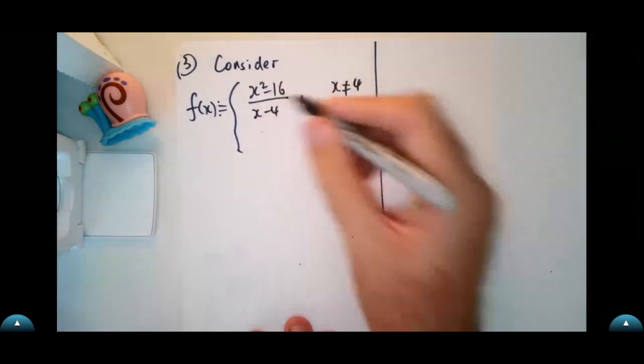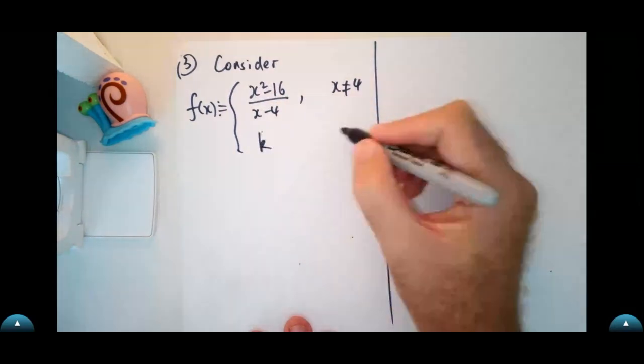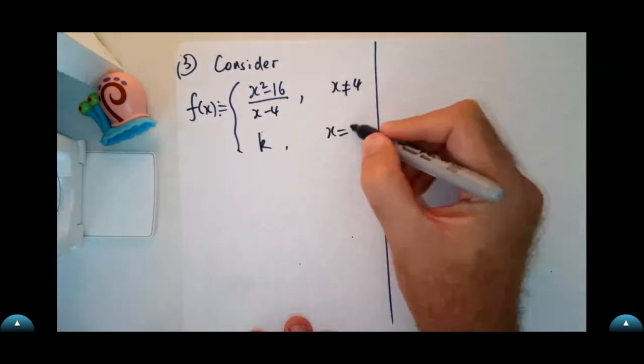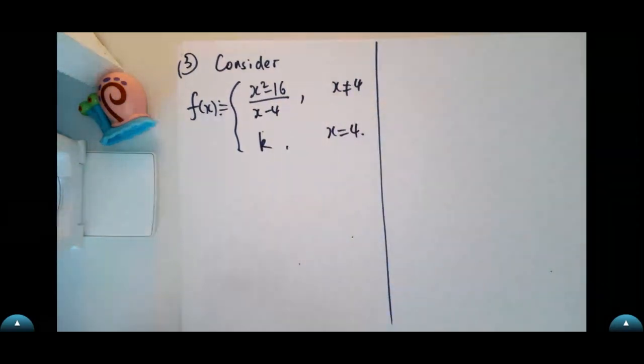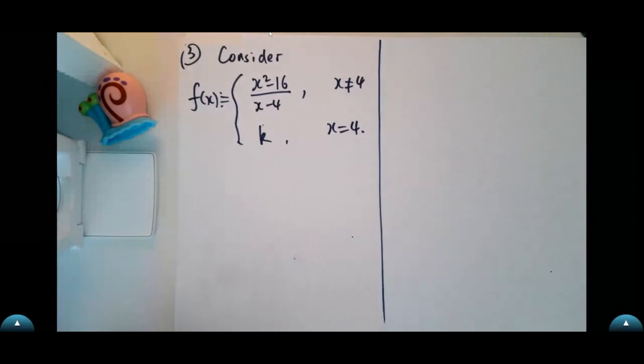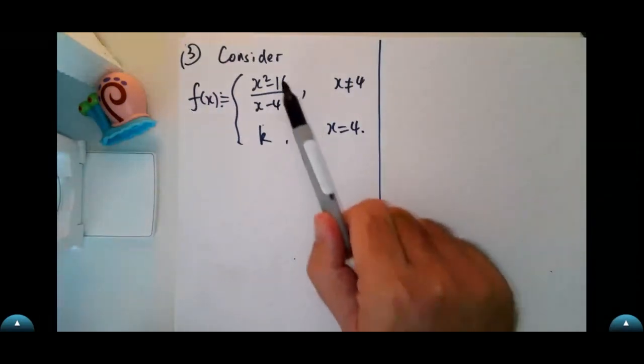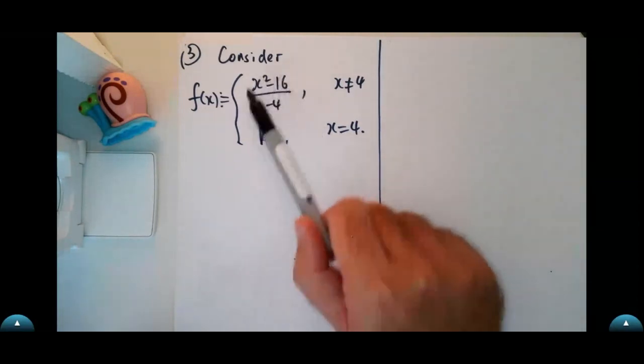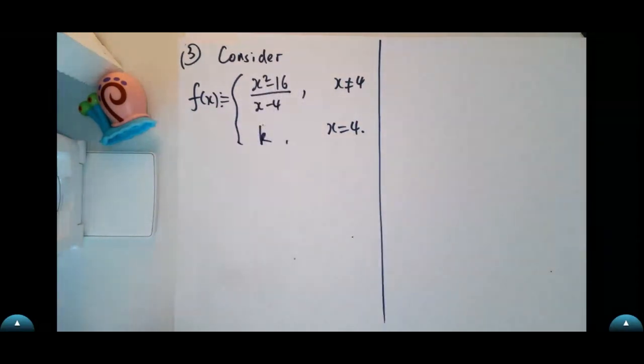So as long as we're not at 4, this is our function, and it's this. Okay, so this is actually a pretty easy problem. Can anyone suggest how we might simplify this thing here, this expression? Anyone? Anyone?